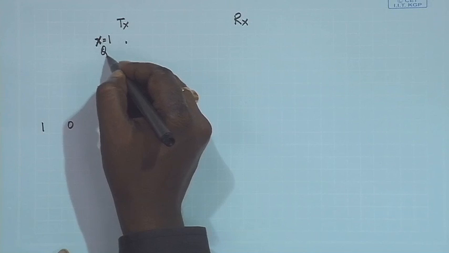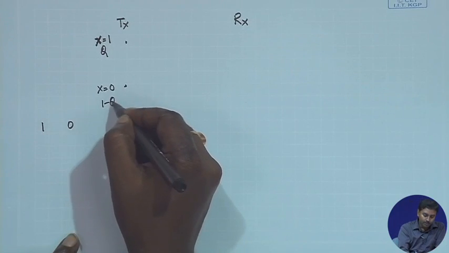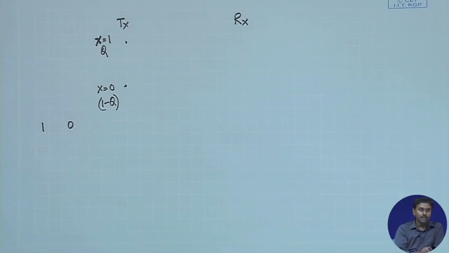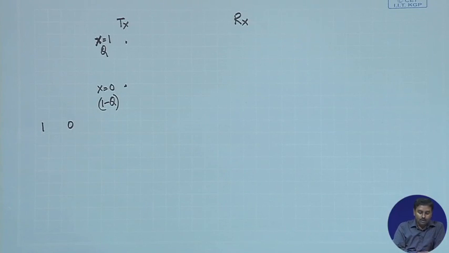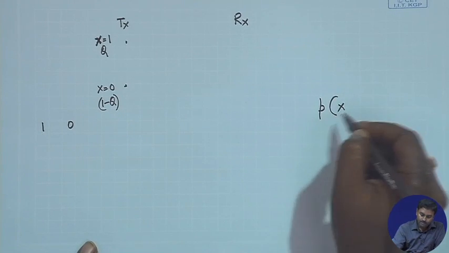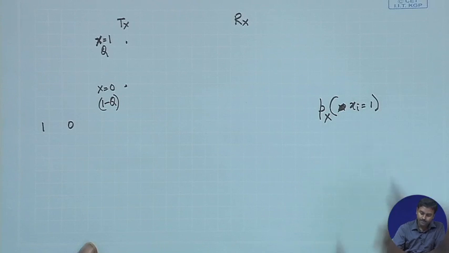Let us say with probability q at the transmitter side it is 1, and with probability 1 minus q it is 0, because only two are there and the sum of the probabilities must be 1, as we have already seen. This is the only possible scenario, because we only have two events, or two sample values. So this is the probability that x equals 1.